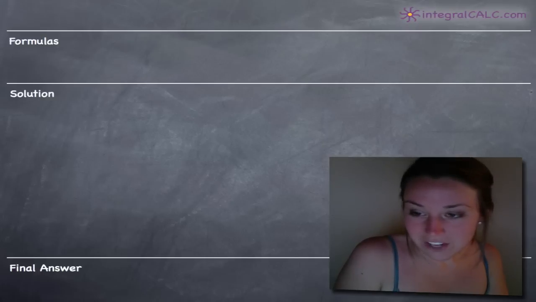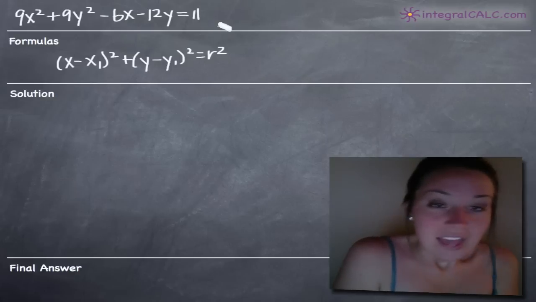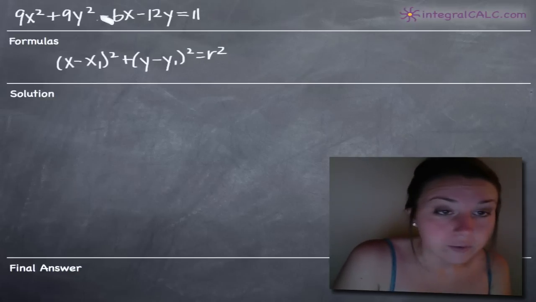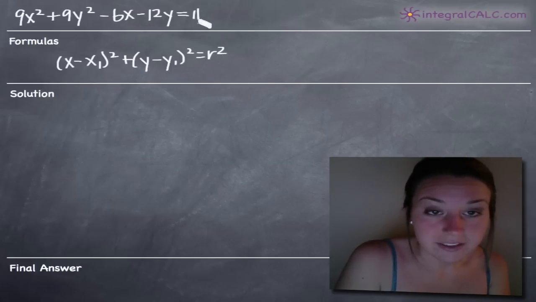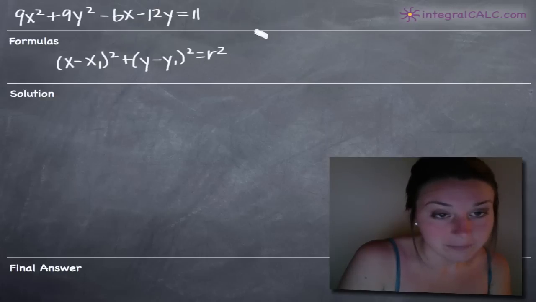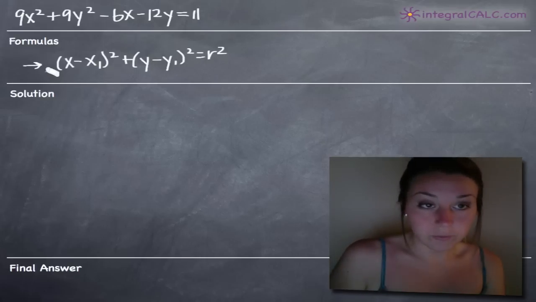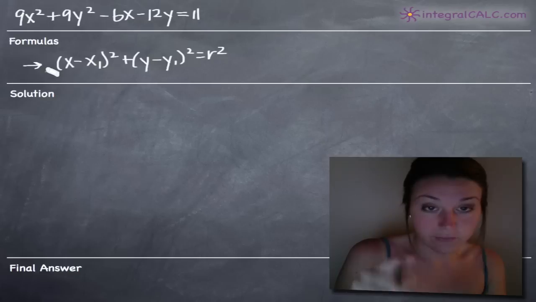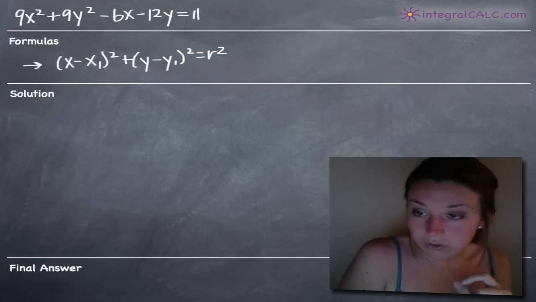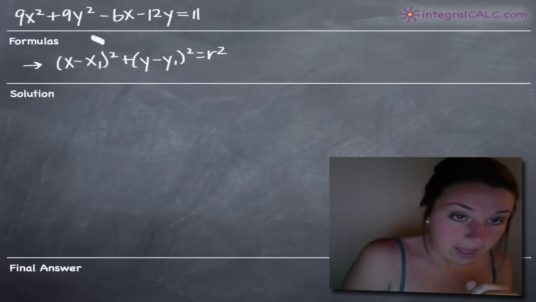Today we're going to be sketching the graph of a circle, and the equation of the circle is 9x squared plus 9y squared minus 6x minus 12y equals 11. We're going to be using this formula here, and what we want to do is transform the equation we were given into the form given in this formula here. And when we've got it in that form, we're going to look at x sub 1 and y sub 1.